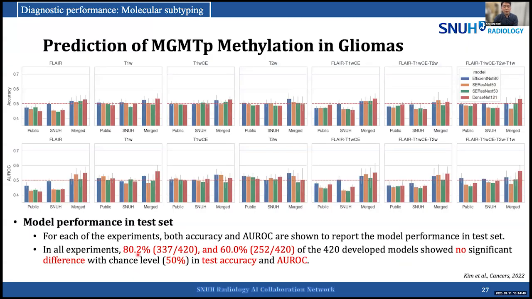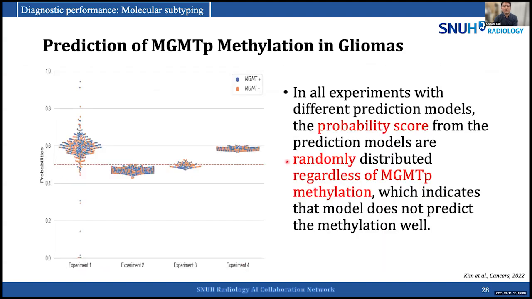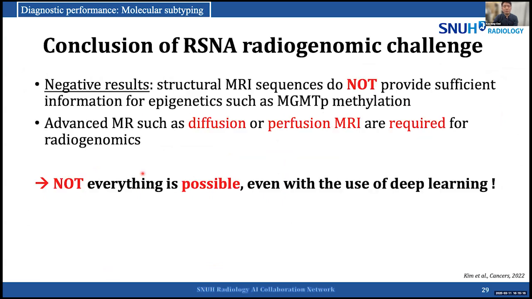In all experiments, 80% and 60% of the 420 developed models showed no significant difference from the chance level in test accuracy and AUC. In all experiments with different prediction models, the probability scores from the prediction models are randomly distributed regardless of MGMT methylation, which indicates that the model does not predict the methylation well.